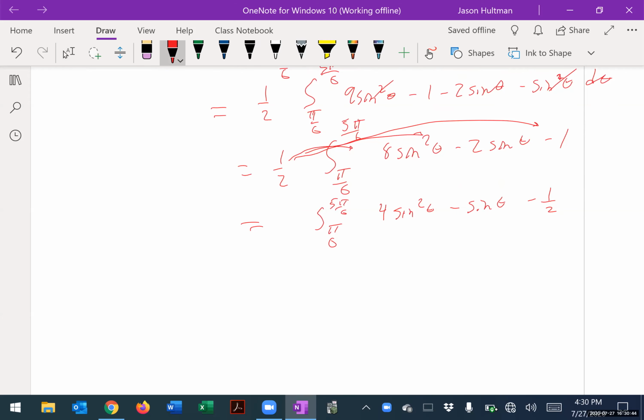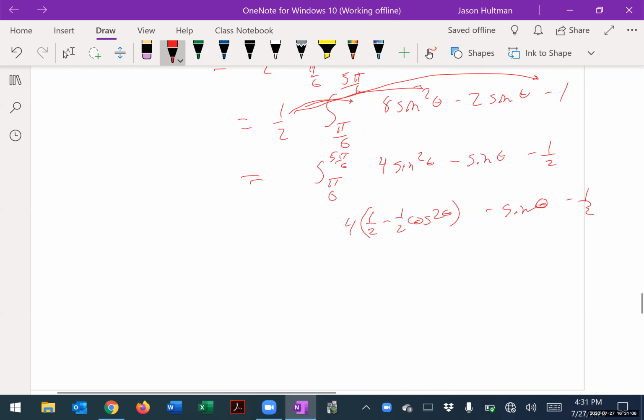Okay, so now I'm going to just integrate these individually. The first one, I have to use the double angle formula on. So this is going to be 4 times 1/2 minus 1/2 cosine 2 theta, minus sine theta minus 1/2.